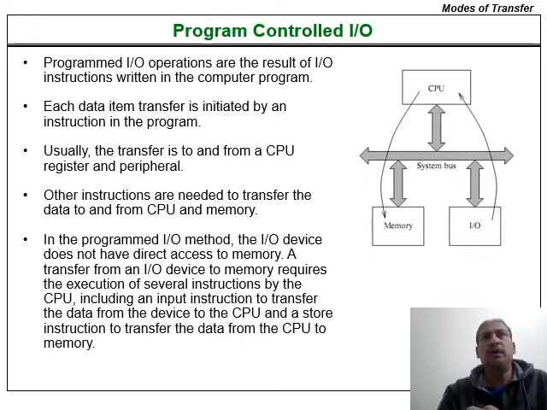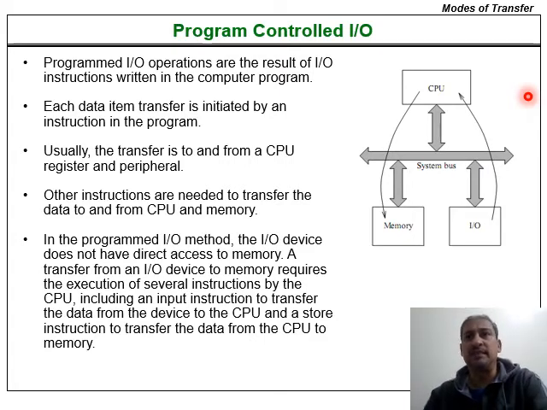Let's first begin with program controlled input output. Program controlled input output is performed in response to input output instructions that are encountered by the CPU in your program.